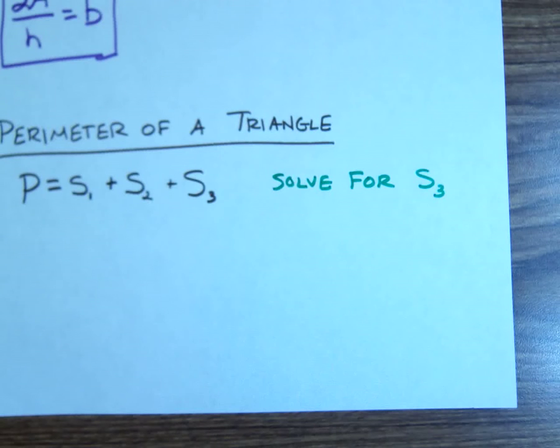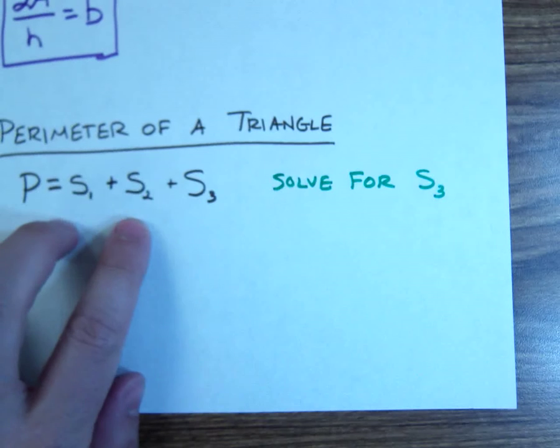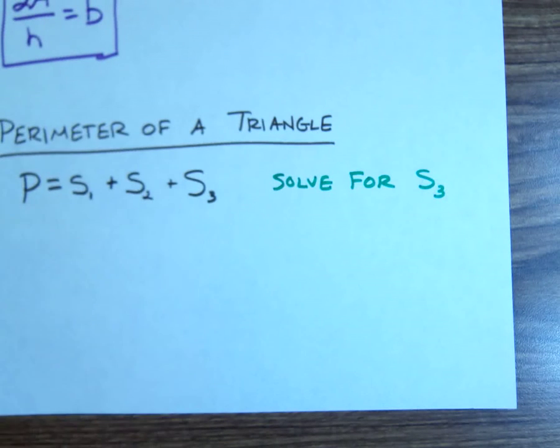What do you think? How am I going to get the S3 by itself? Well, let's answer the question: is it by itself now? No, it's not. How come? Because of the S1 and the S2. So we've got to get rid of the S1 and the S2.